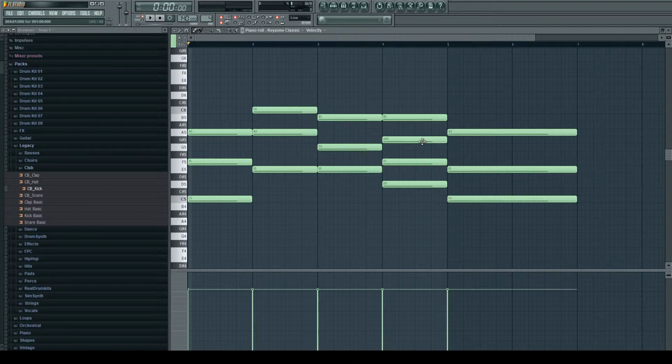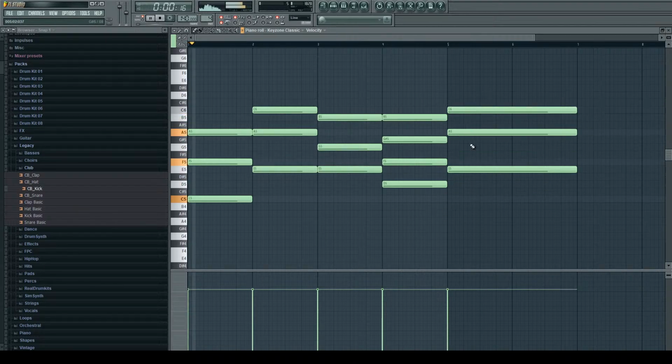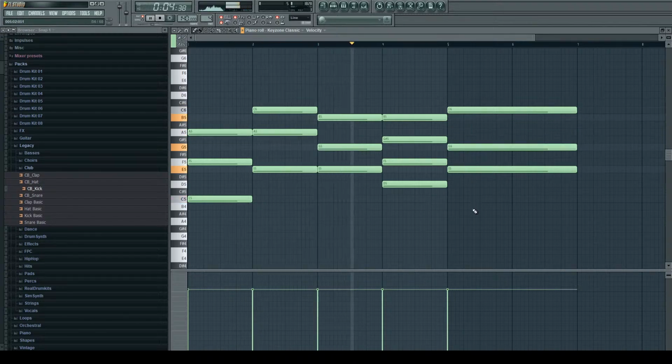Now, more tension means more convincing endings? Maybe. Now, Joshua said maybe this would sound better if it ended on the key of C. Let's see. Well, there we go. You see? The theory is right. It's convincing and it ended well.